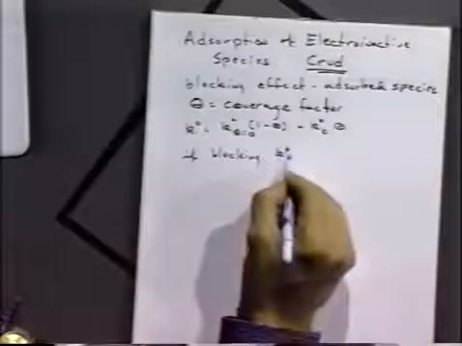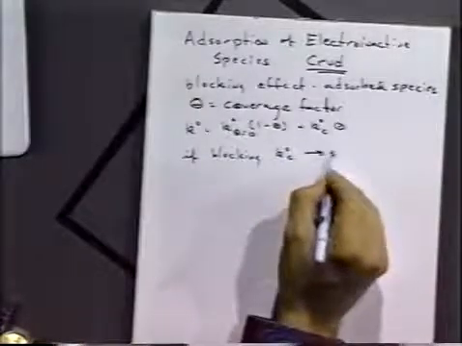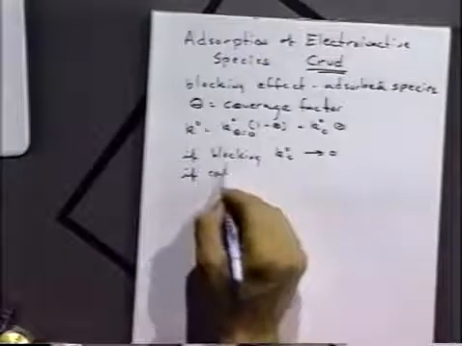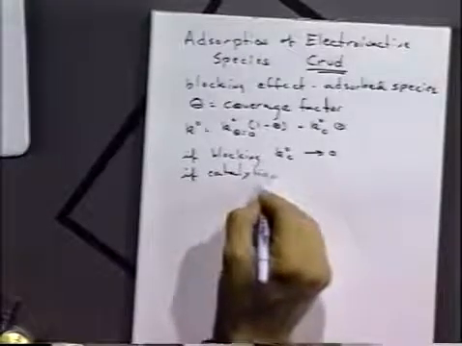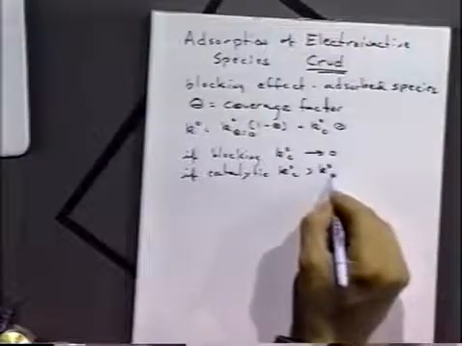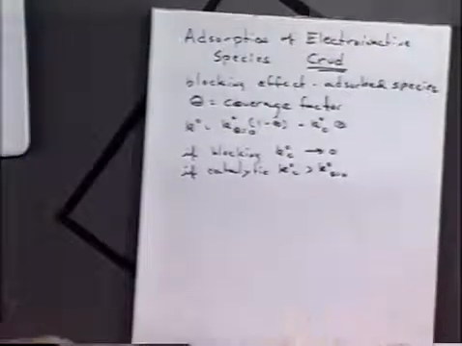In this case, you'd get a catalytic effect. So if we have a blocking layer of adsorbates, K sub 0 sub C would be 0 or very close to it. You can get a catalytic layer, where K0C would be greater than K0 at theta equals 0.